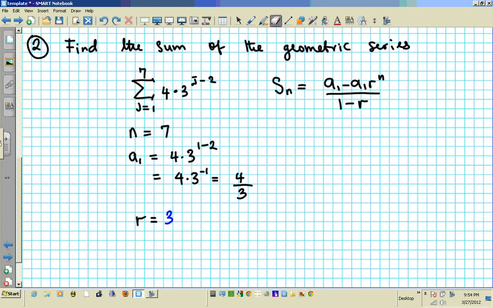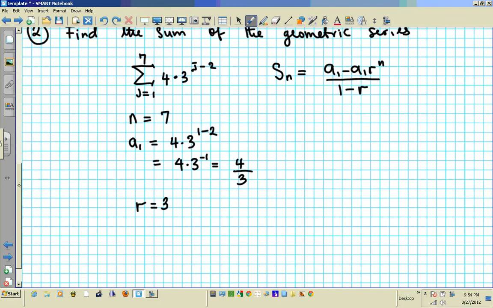Alright. Do we have all the components that we need? We have all the components we need. r is 3, so we can go ahead and apply the formula that's provided right here. In this case, S sub n is S sub 7. We are summing the first 7 terms of the geometric series.